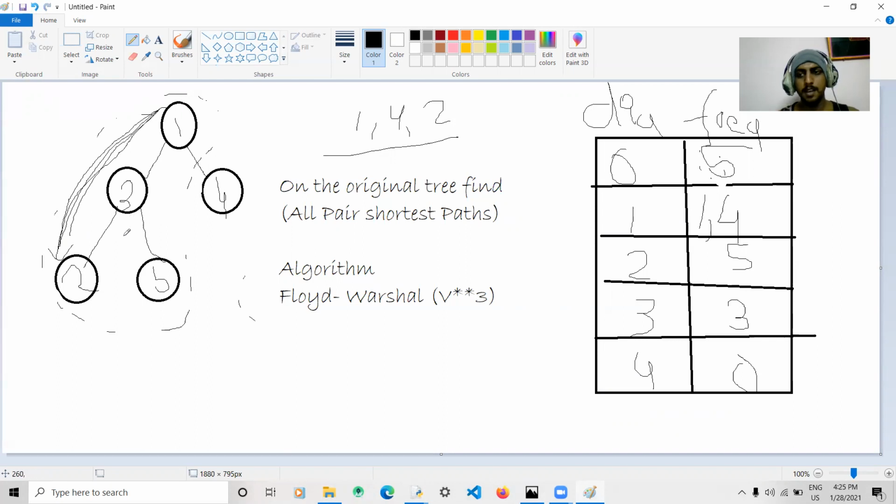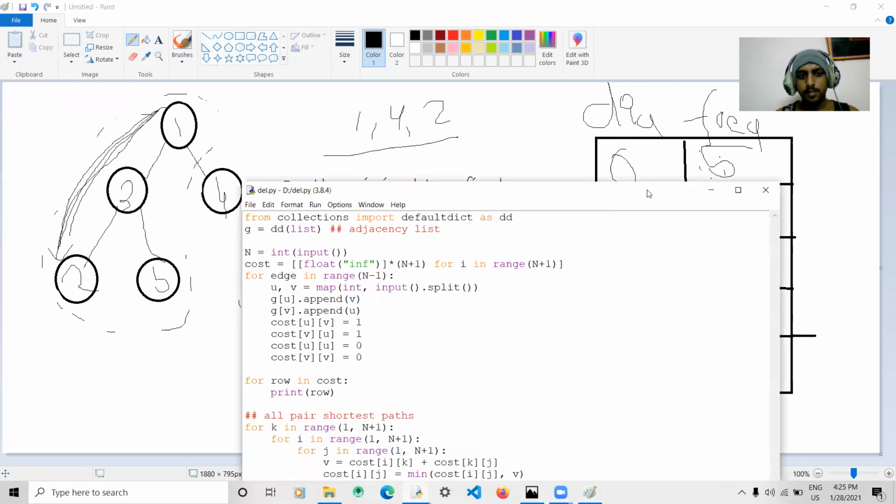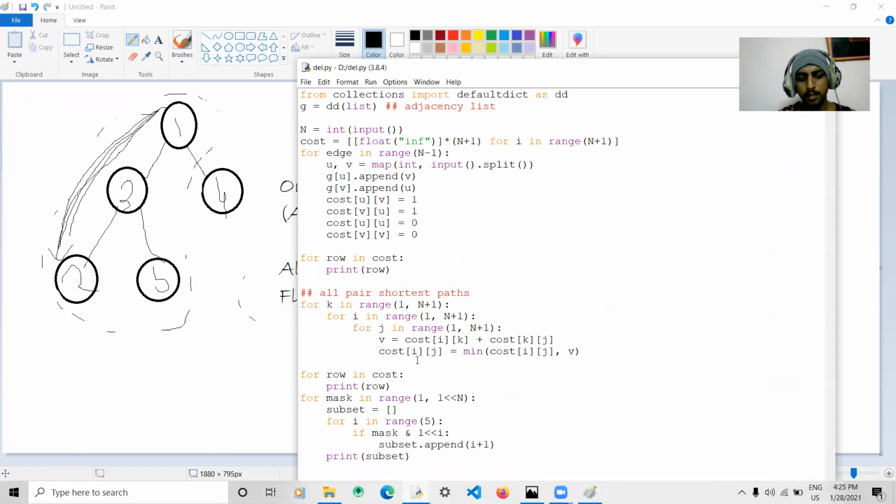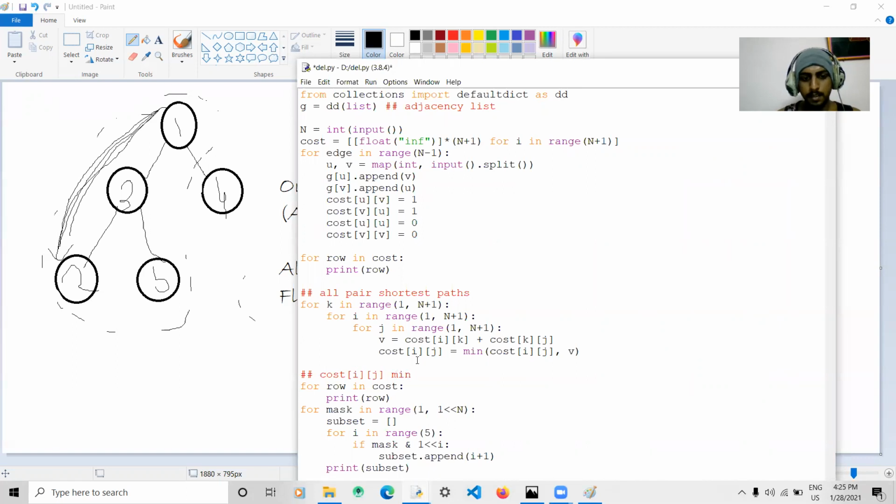So cost is a 2D matrix, where cost ij is the minimum number of edges between i and j in the original tree.